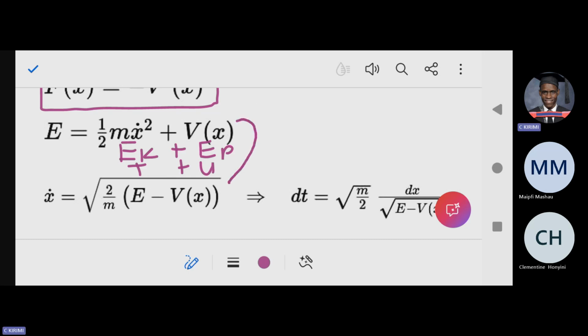First, V goes to the left, so it will be E minus V of x is equal to half m v squared, that is half m x dot squared. Any question?